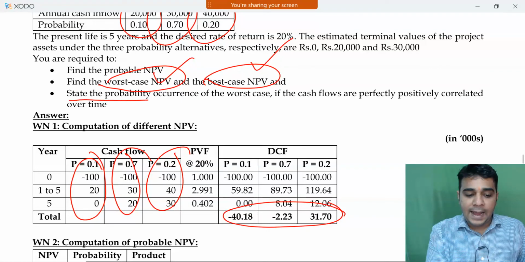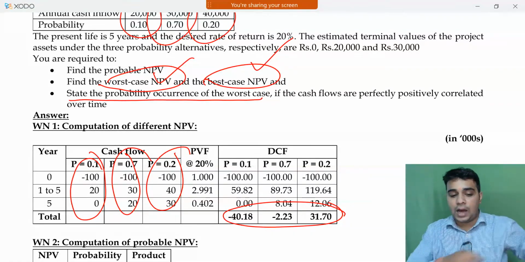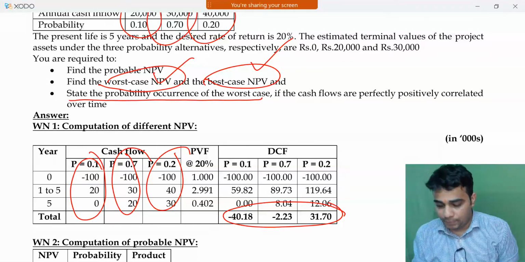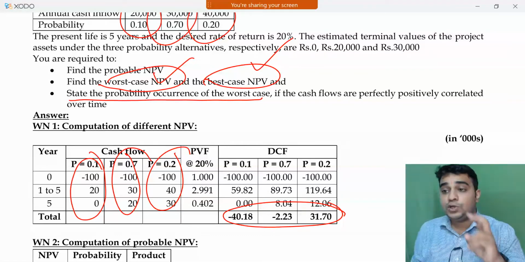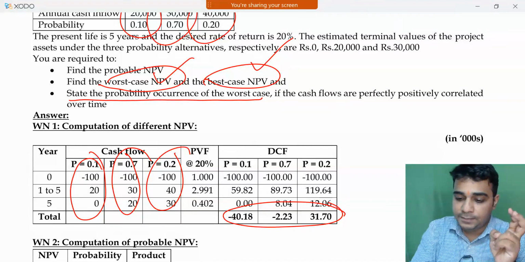State the probability of occurrence of the worst case if the cash flows are perfectly positively correlated over time. Now listen, they will ask you for probability saying two types of cash flow. One is correlated, and correlated means dependent.